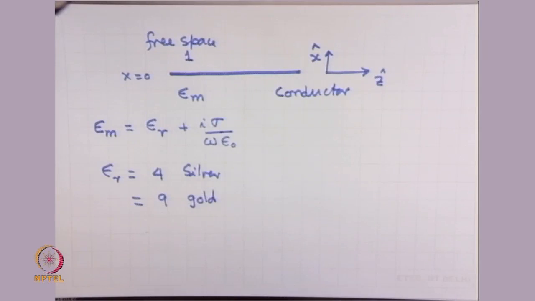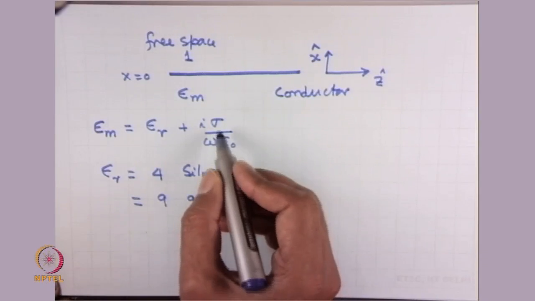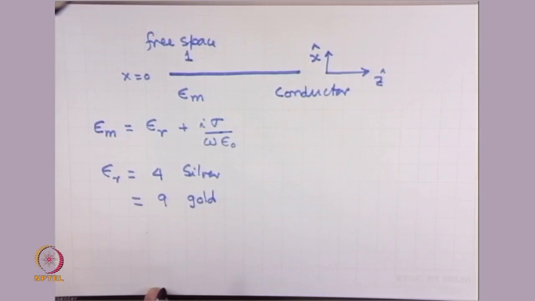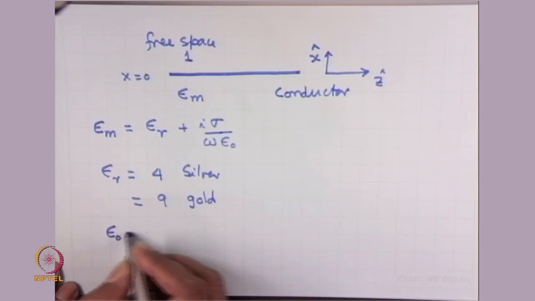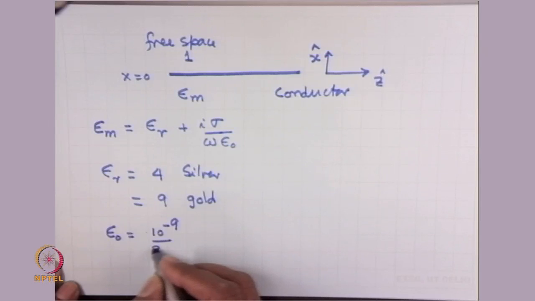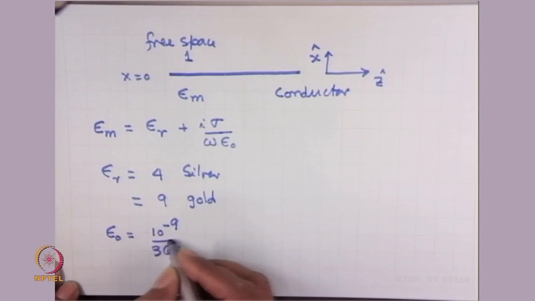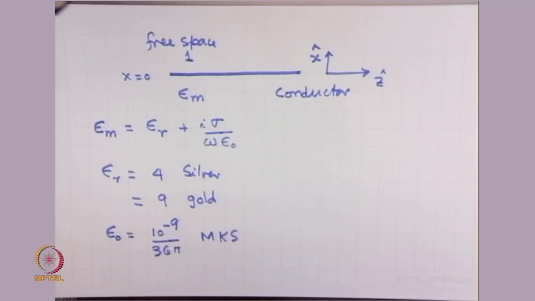Sigma is the conductivity, the electrical conductivity. For earth, sigma is typically of the order of 1 unit in MKS units. Epsilon 0 is free space permittivity, which is 10 to the power minus 9 upon 36 pi in MKS units.